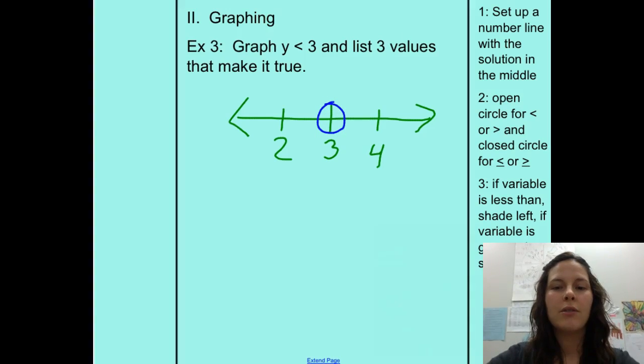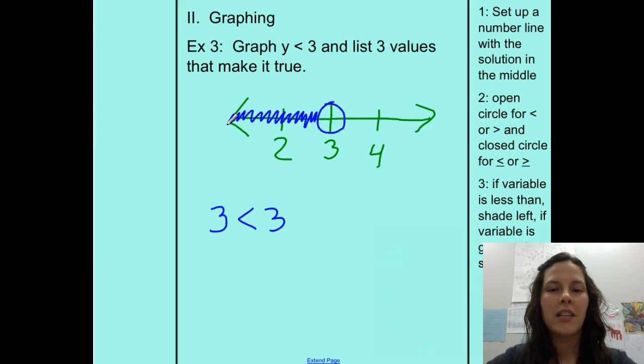If you think about substituting 3 into the inequality for y, 3 is not less than 3, so 3 is not a solution, which is why we have an open circle there. Y is less than 3, so anything smaller than 3, or less than, shades to the left and will make the inequality true.